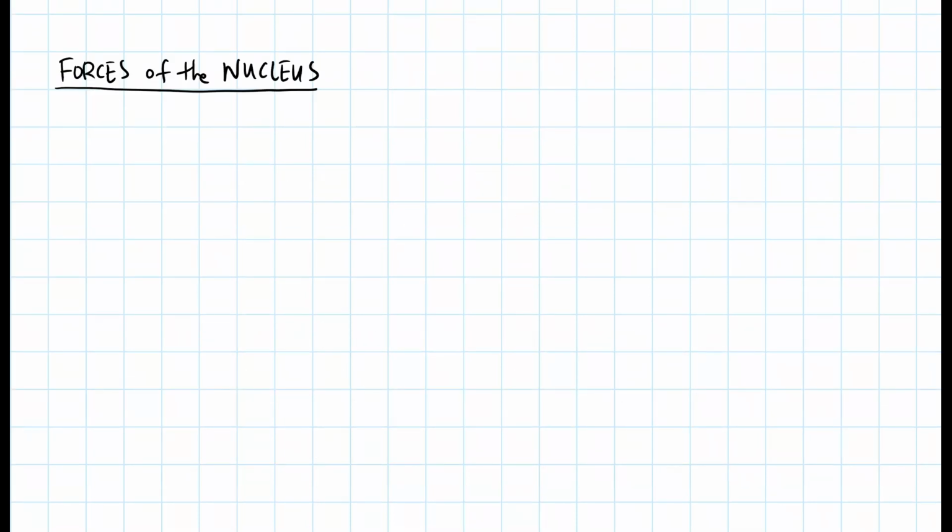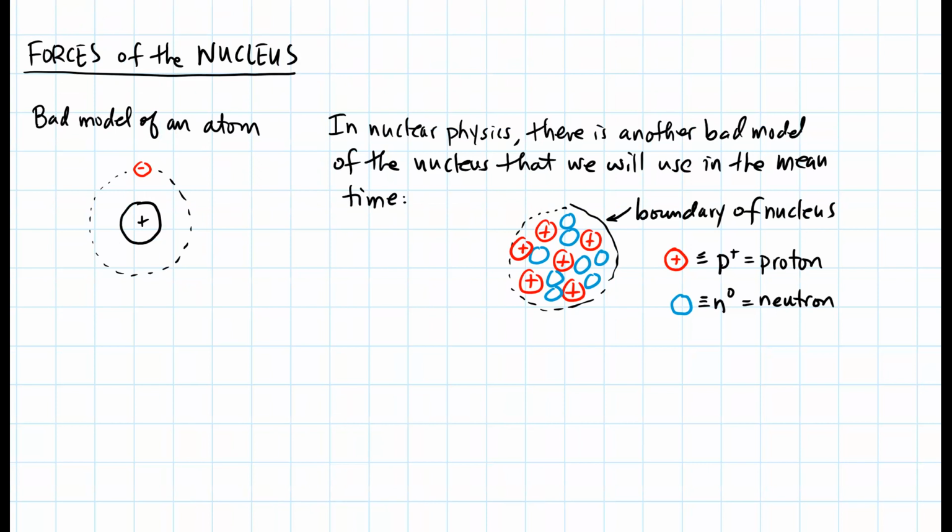When we look closely at the nucleus, just like when we look closely at atoms, we had an incorrect picture of the atom. Looking at the Rutherford model, we saw that it was a bad model of the atom, where an electron was circling the nucleus. In a very similar situation, in nuclear physics, there's another bad model of the nucleus, but we will use it in the meantime.